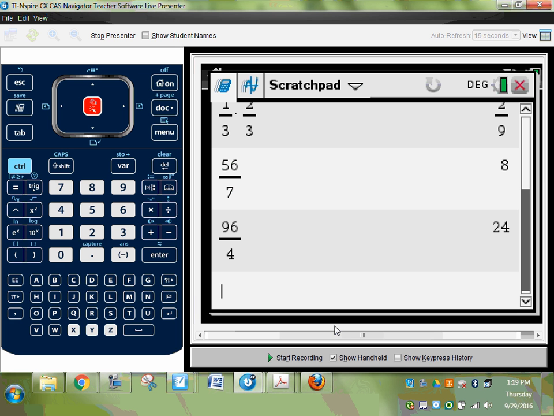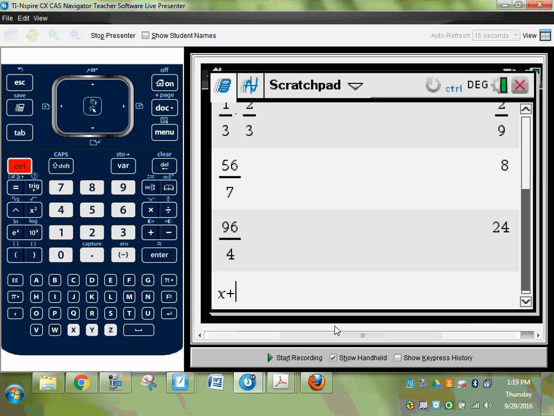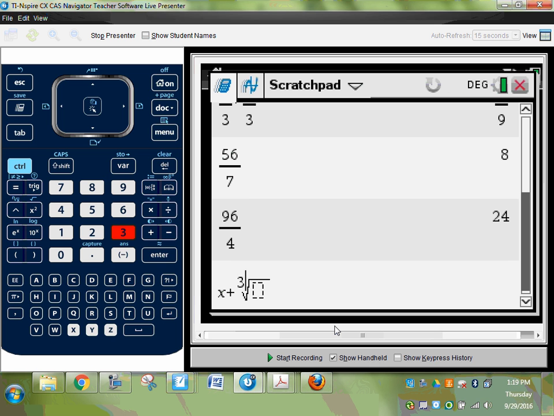So go in. To get that indexable radical, you hit Control and then the arrow up.